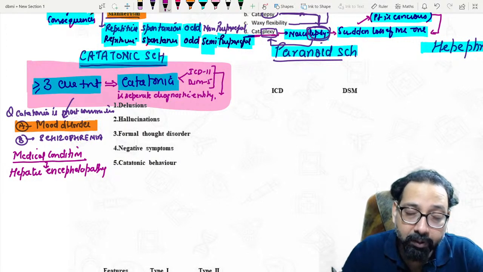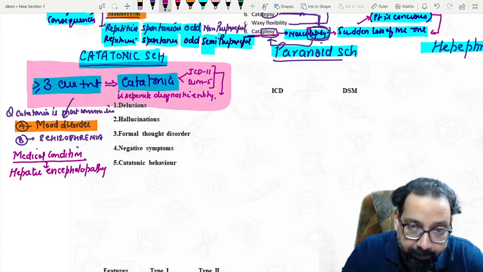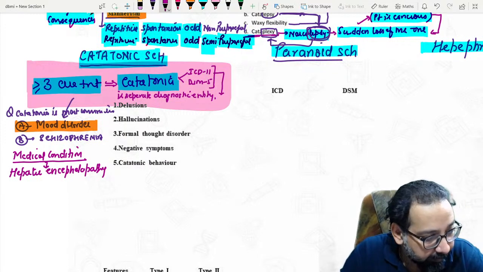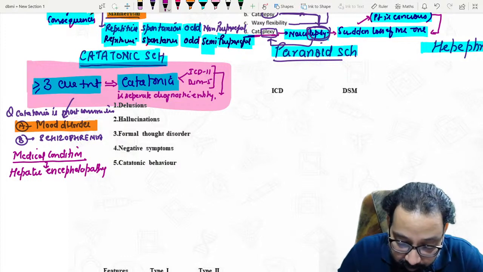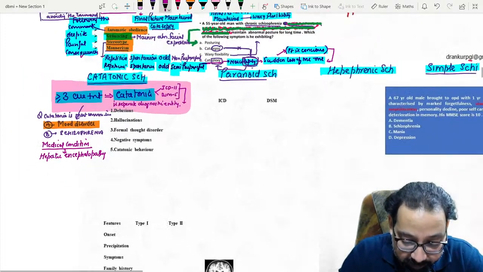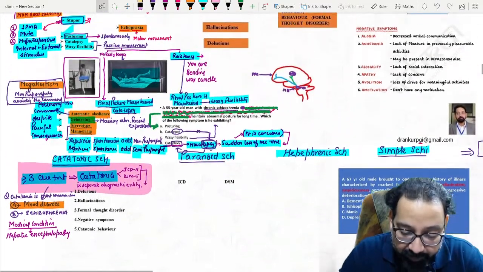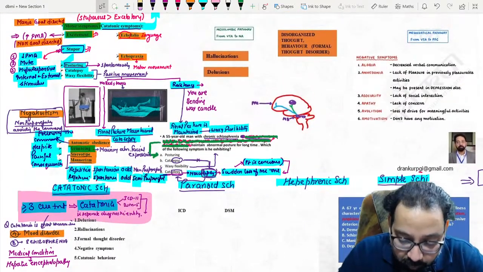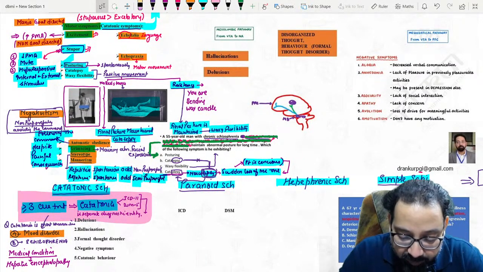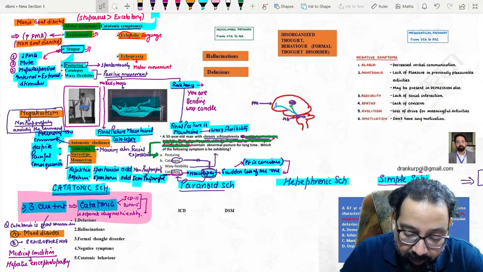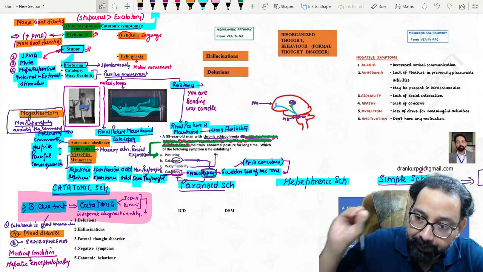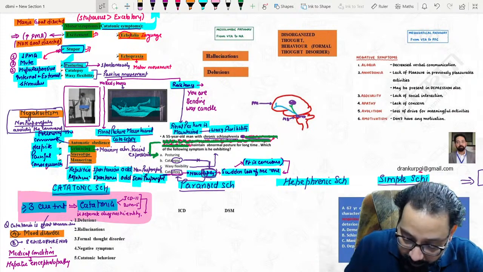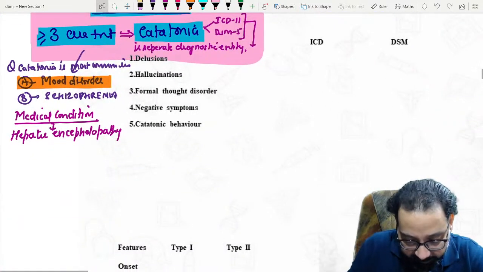So any disorder, psychiatric or medical, may present with rigidity, mannerism, stereotypy, automatic obedience, posturing, echolalia, echopraxia. If any psychiatric or medical disorder presents with these symptoms, we will make the diagnosis of catatonia and treat the patient as catatonia.